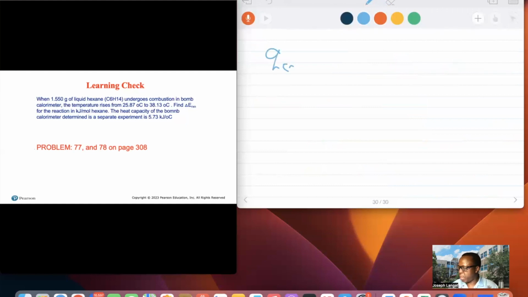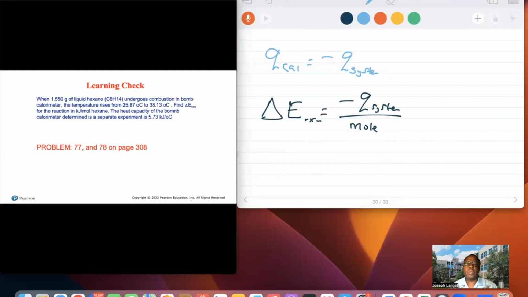Q for cal is equal to negative Q for the system, meaning it is given off. Remember from this equation, the change in internal energy for the reaction equals negative Q for the system per mole. So here it is per mole of the reaction, because how much do we have here? We need to find the number of moles.